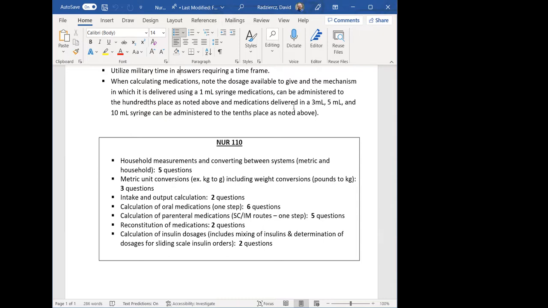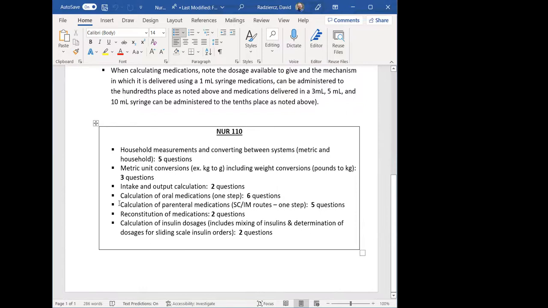All right. So your 25 questions for Nursing 110 are going to be broken down into these categories. The first 5 questions that you'll see will be what are considered your household measurements, as well as converting between systems, meaning converting between the metric system and household units.